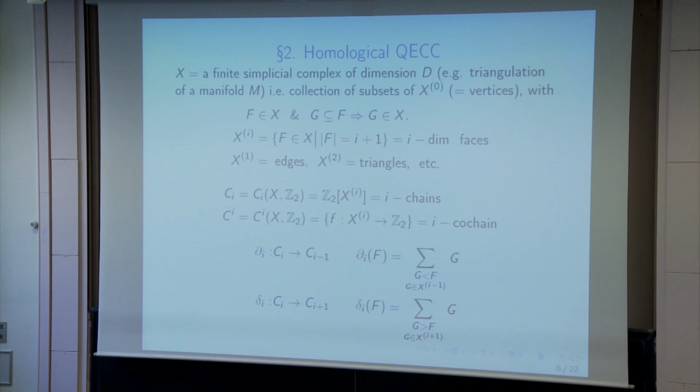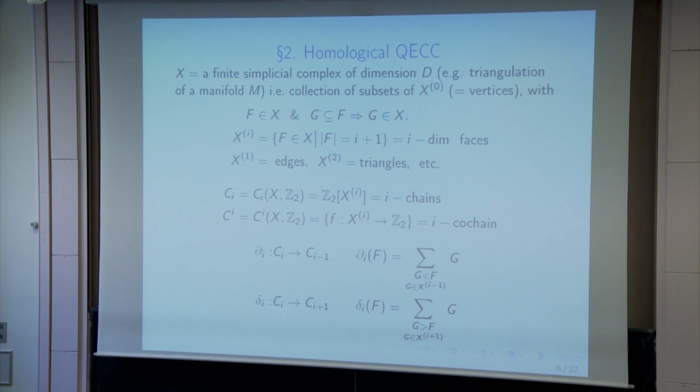Let X be a finite simplicial complex of dimension D. For example, we will discuss in a minute, when we get more fancy, triangulations of manifolds. So what is a simplicial complex? This is just a collection of subsets of the set of vertices, which is closed under inclusion. We'll denote by Xi all the i-dimensional faces. These are the sets of size i plus 1, so X1 edges, X2 triangles, etc.